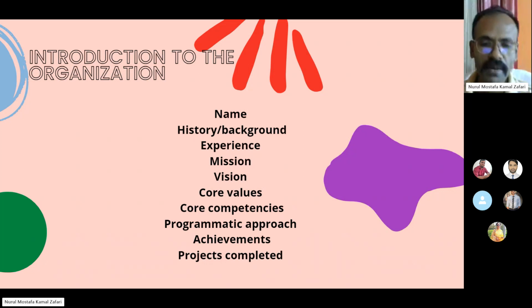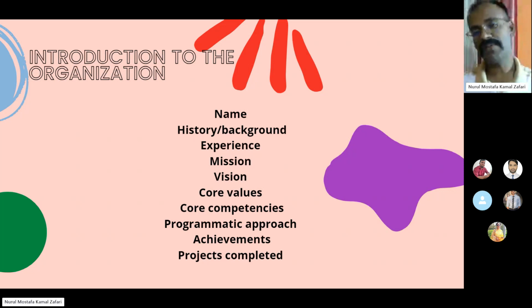Okay, a programmatic approach is, let me explain with an example, first theory, then example. Programmatic approach means every organization has its own history, background, and upbringing, becoming an organization and flourishing as an organization. They have their own distinct experience, mission, vision, core values, and competencies.